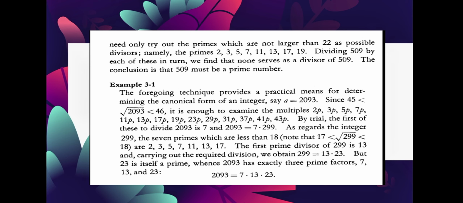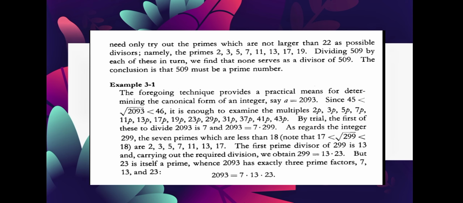As regards the integer 299, the primes which are less than 18, note that 17 < √299 < 18, are 2, 3, 5, 7, 11, 13, and 17. And the first prime divisor of 299 is 13. Carrying out the required division, we obtain 299 = 13 · 23. But 23 is itself a prime.